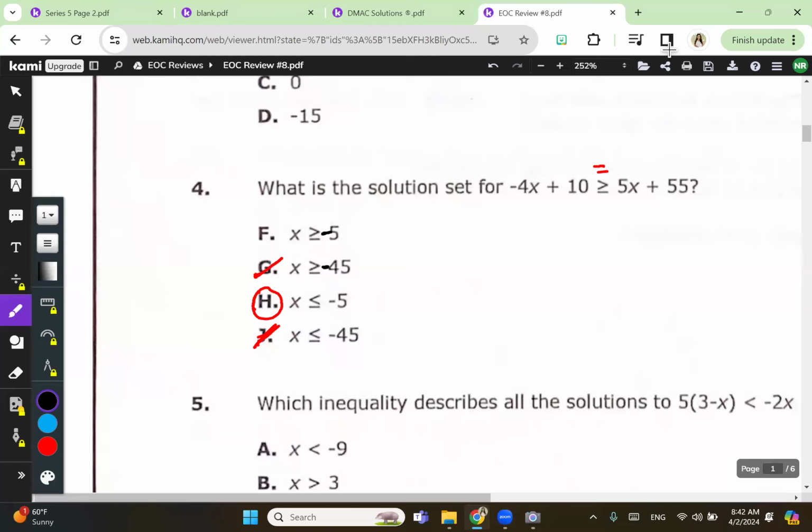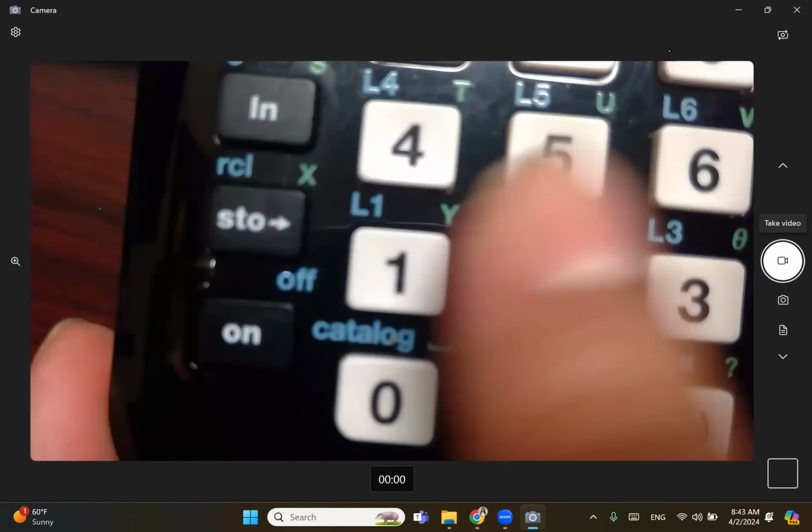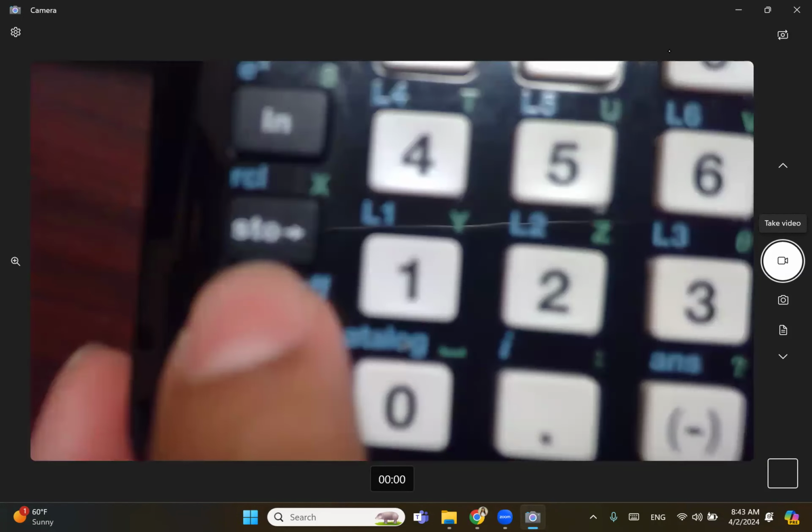So we have to store -5 for X. I don't know why this thing just goes so slow when I'm on Zoom. So let's do that. -5, store X. Everybody remember where the store button is? Down here on top of on. That's how you get your little arrow.